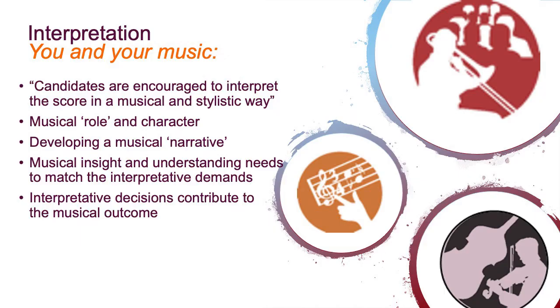In the syllabus, again, it says candidates are encouraged to interpret the score in a musical and stylistic way. It reflects what I've just been saying. So what is your musical role? What is your character? If you think of it as a play, what do you want the movement to be from item to item? How do you see the character and the mood of each of the individual pieces?